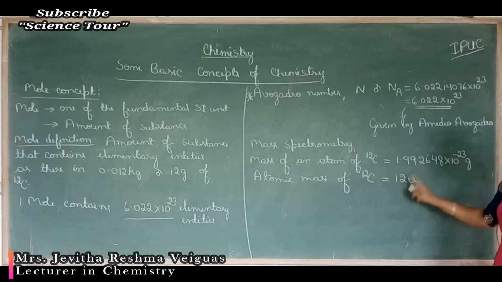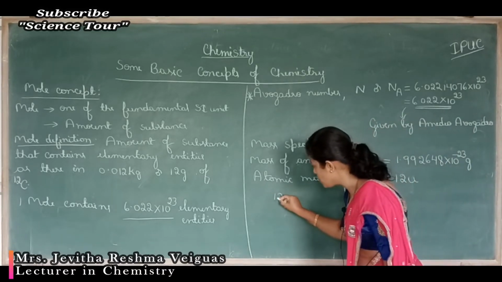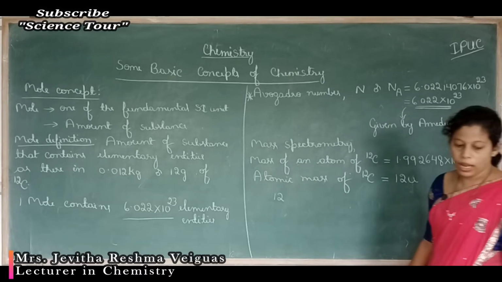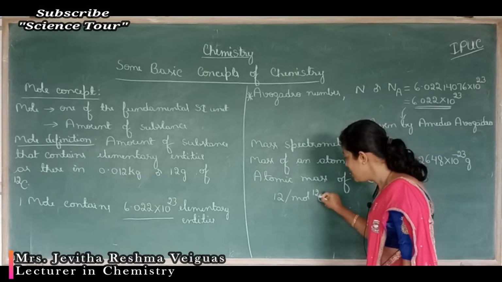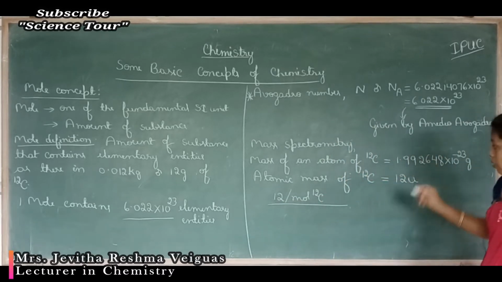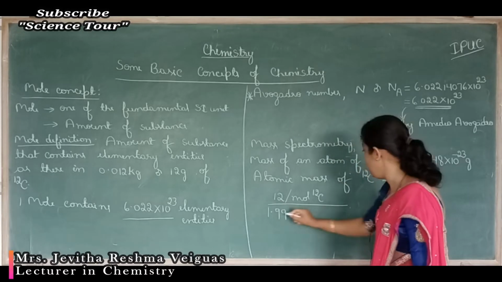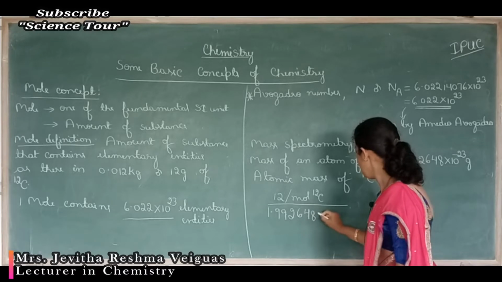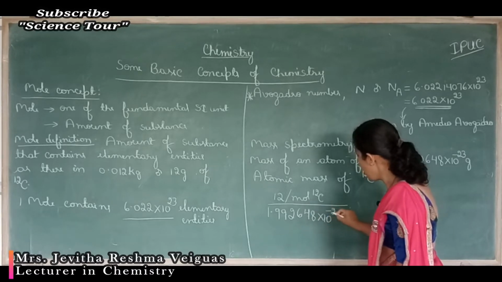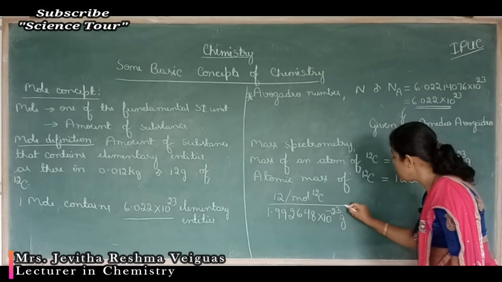Now by using these values we can find Avogadro number. The atomic mass of carbon, which is 12 gram per mole of carbon 12, is divided by the mass of an atom of carbon 12, that is 1.992648 into 10 to the power minus 23 gram per carbon 12 atom.